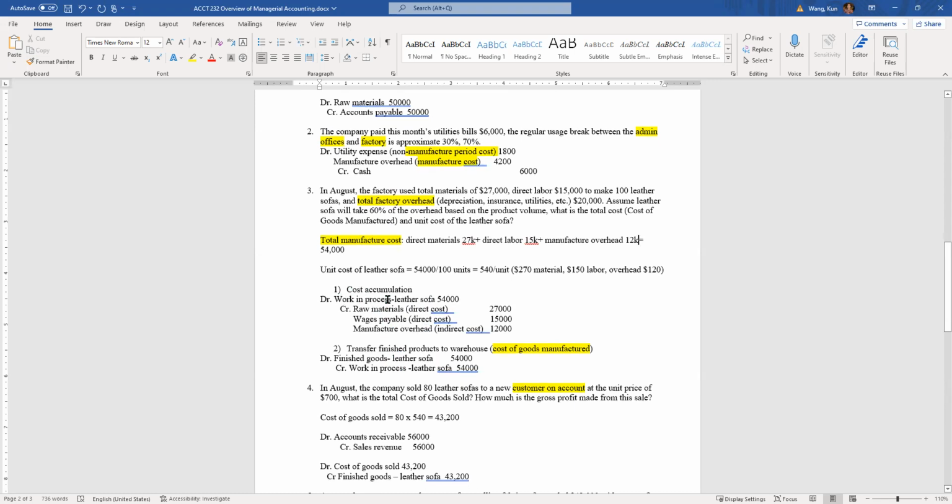Now let's see the journal entries to reflect the cost accumulation and the transferring of the finished products. The cost accumulation, all of the product cost will be captured by the work in process account. This is a current assets account, and you can tell the meaning by the name, work in process. So it captures all of the cost inputs, but not guaranteeing all of the cost inputted will be completed, right?